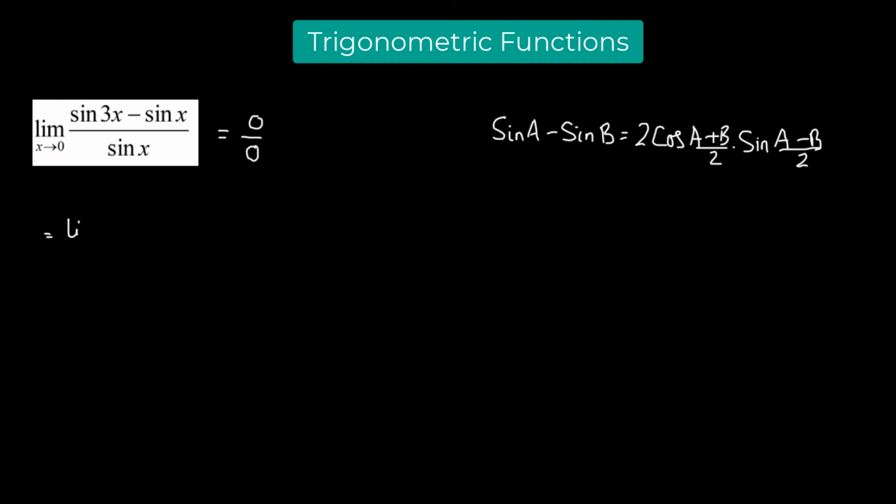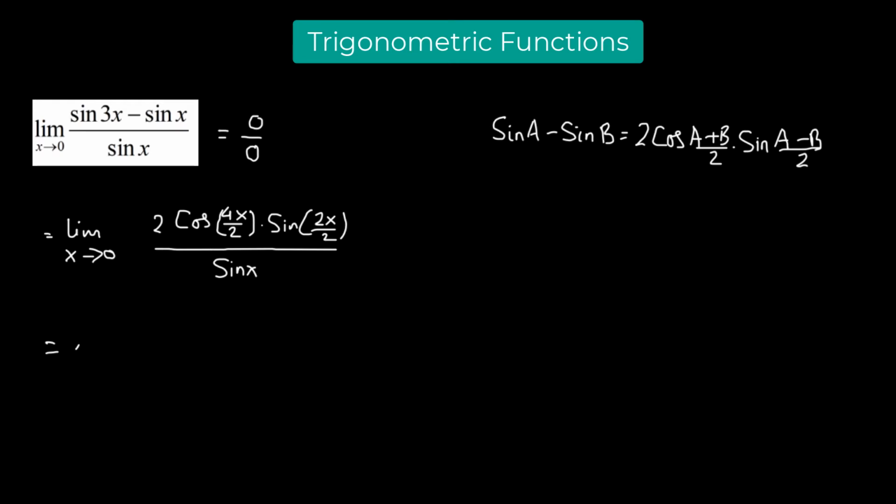We have the limit as x approaches 0 of 2 times cos of (3x plus x), which is 4x, divided by 2, times sin of (3x minus x, which is 2x) divided by 2, whole divided by sin x, which is equal to the limit as x approaches 0 of 2 times cos of 2x multiplied by sin of x divided by sin of x.